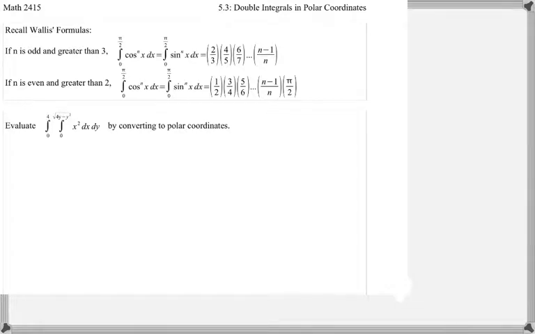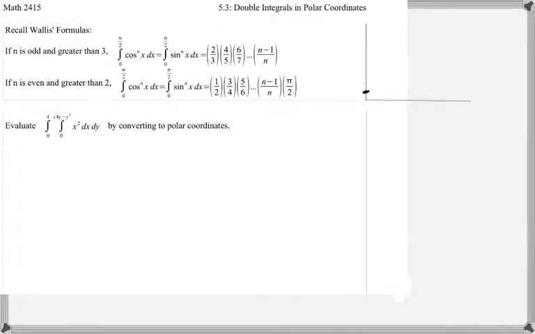If n is even and greater than 2, then the integral from 0 to pi over 2 of cosine to the nth power x dx is equal to the integral from 0 to pi over 2 of sine to the nth power of x dx, and that's equal to 1/2 times 3/4 times 5/6, all the way out to (n minus 1) over n, and then times pi over 2. So that's going to come into play in this problem just to facilitate some integration that will be a little bit tedious.